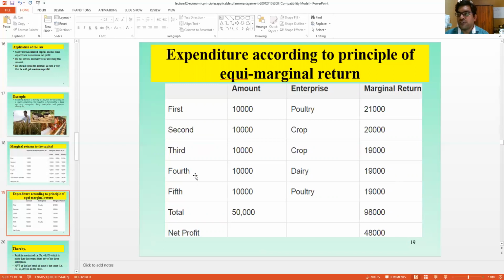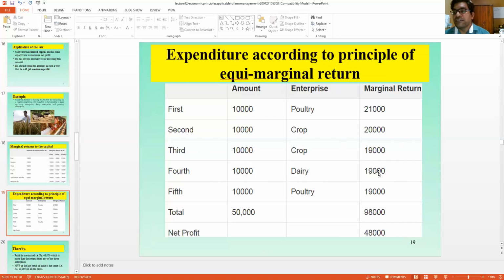So in the fourth stage, the 10,000 was given to dairy, giving the farmer a return of 19,000 rupees, right? So now the farmer has only 10,000 rupees left, okay? That remaining 10,000 rupees should be given to that enterprise which can give an MVP more or less equal to the MVP of the previous unit.